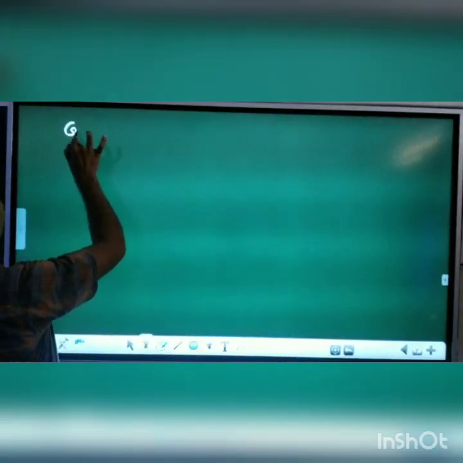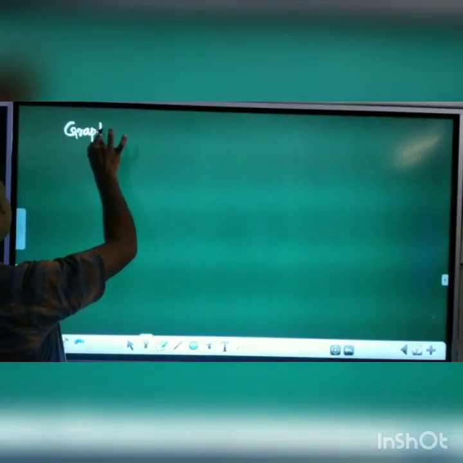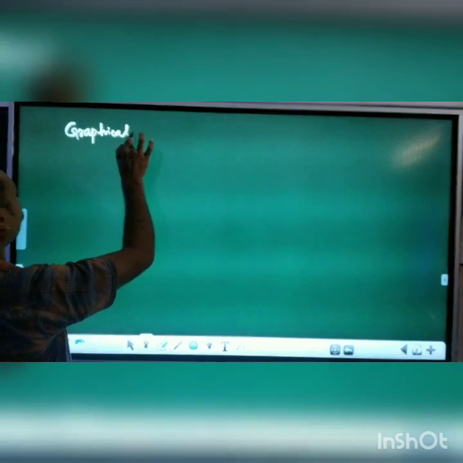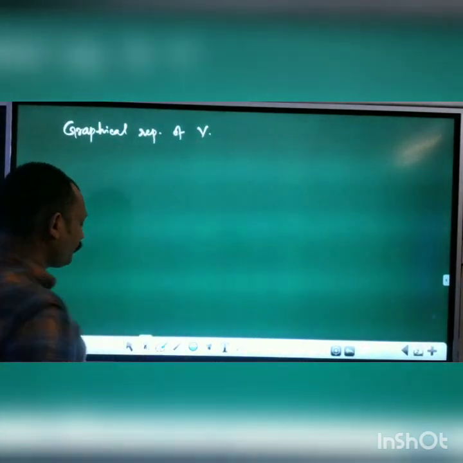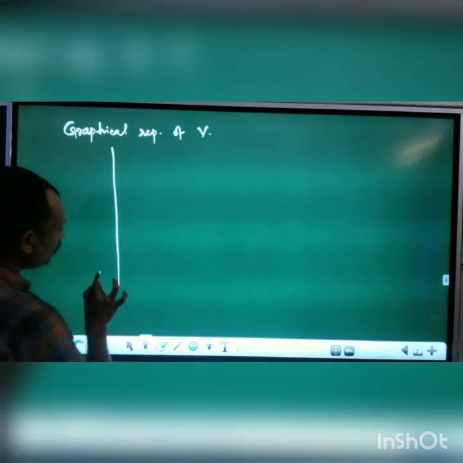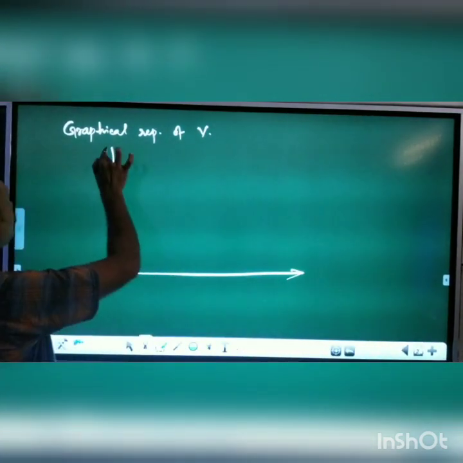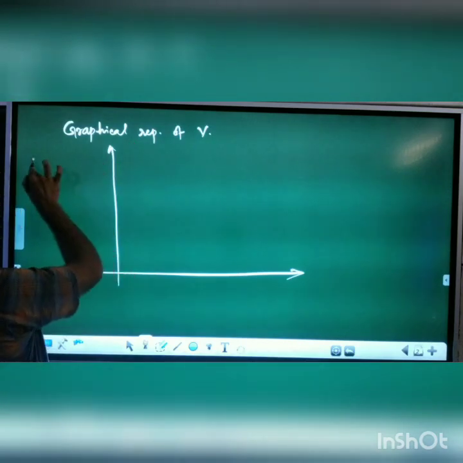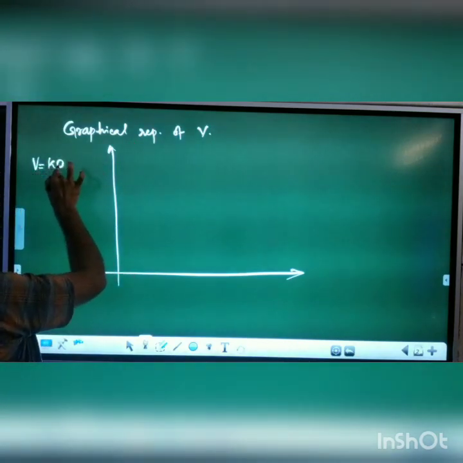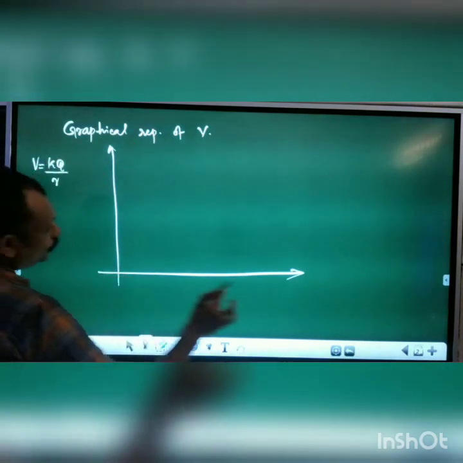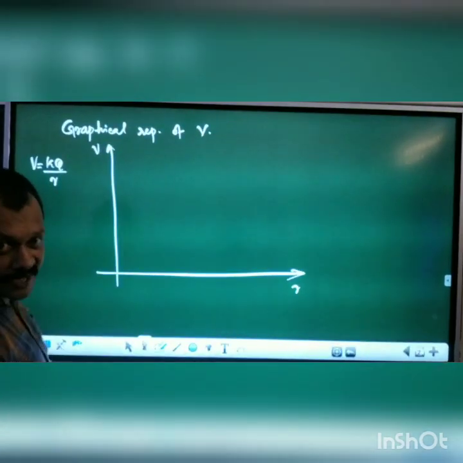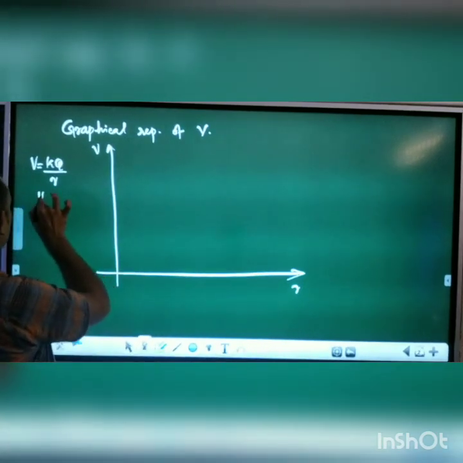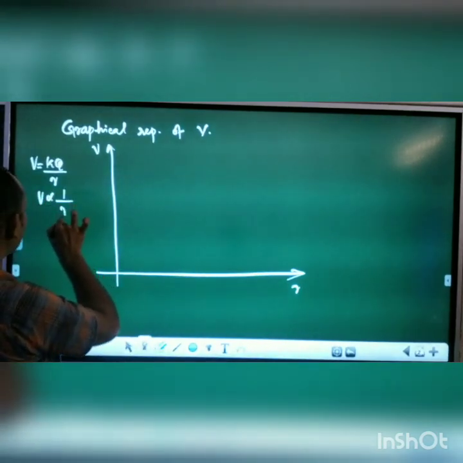Now we will represent graphically the potential. Graphical representation of potential. So electrostatic potential may be represented graphically using the formula V is equal to kq by r. So this distance is r, and if I plot this graph with V, what is the shape of the graph?